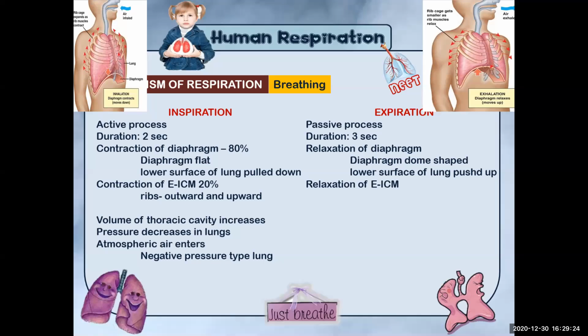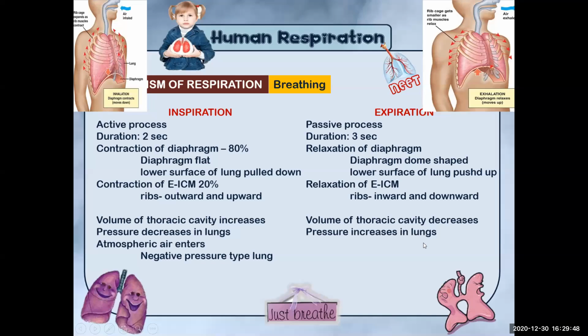There is relaxation of external intercostal muscles. Ribs are pushed inwards and downwards. Because of this, volume of the thoracic cavity decreases. Because the thoracic cavity and lungs are interconnected by pleura, when the volume of thoracic cavity decreases, volume of the lung will decrease, the pressure in the lung will increase, thus air in the lung is pushed out.